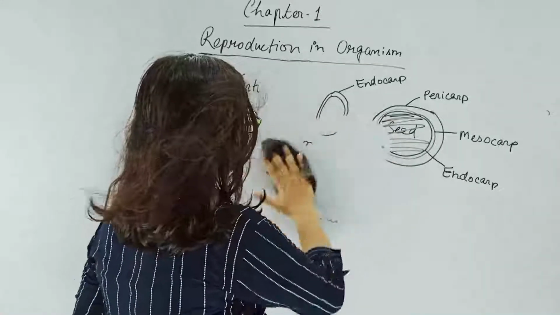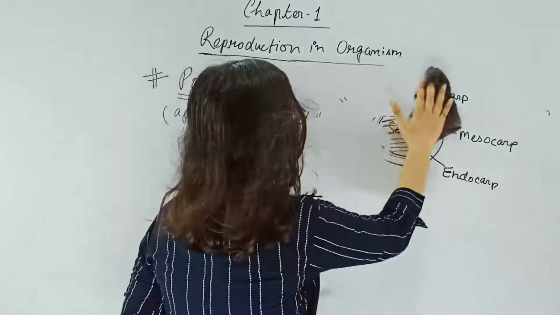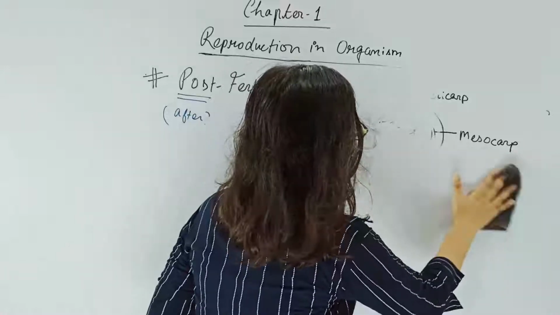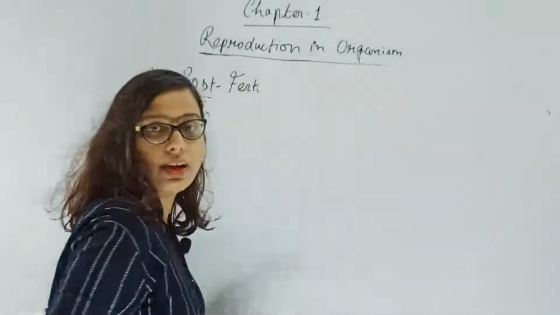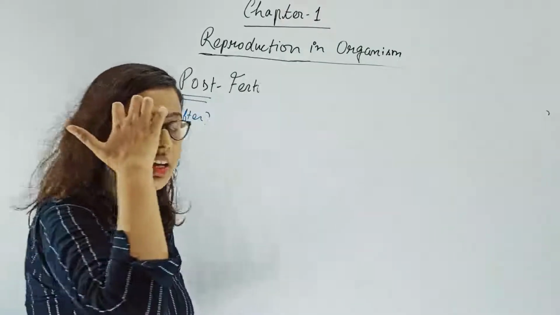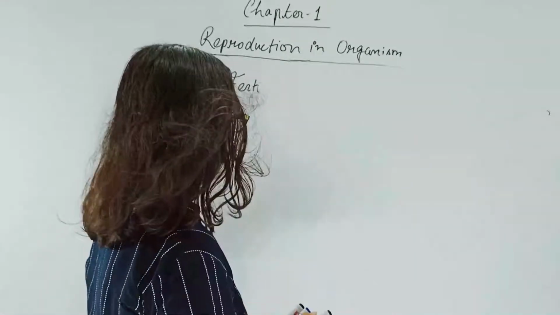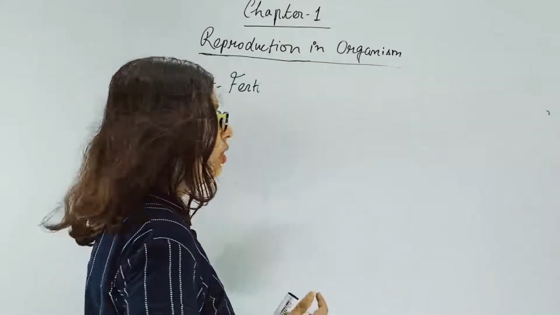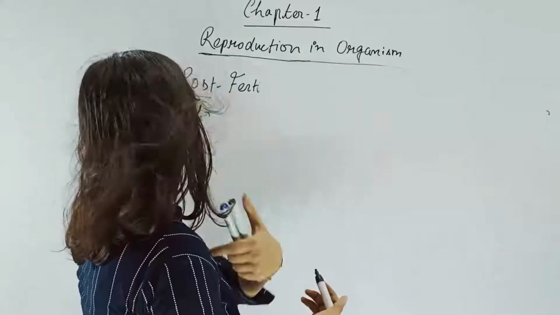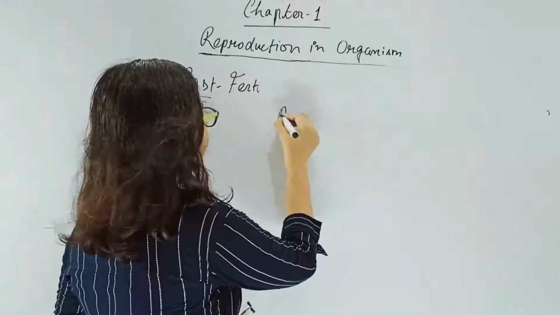Now in the post-fertilization events, we also have to see the case of animals. This was in case of plants. So what happens in case of animals? After fertilization, there is development of the embryo.